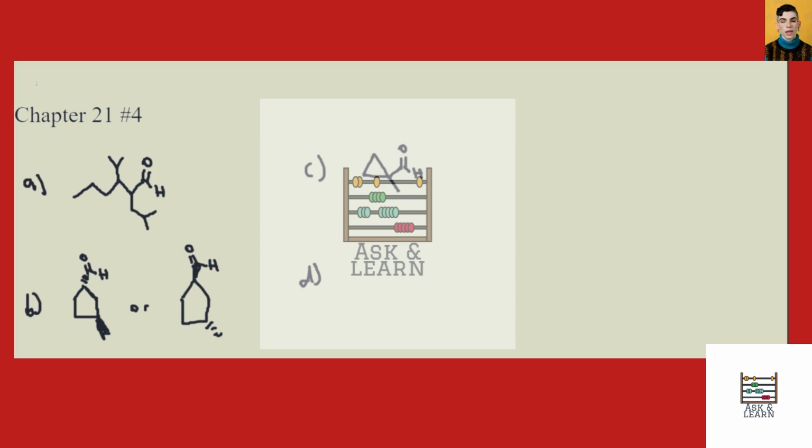So then lastly for D, we have 3,6-diethyl nonanal. So nonanal tells us this is going to be a 9-carbon chain. 1, 2, 3, 4, 5, 6, 7, 8, 9. And again, the -al tells us aldehyde. So there's our aldehyde.